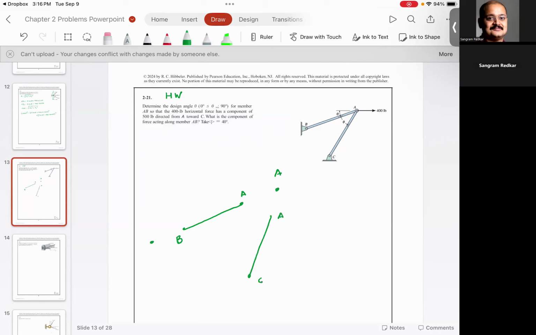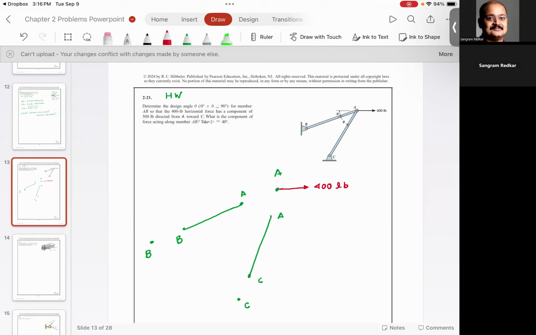This is joint B. And this is joint C. We need to identify what forces are acting on this object. First and foremost, this is the force, which is 400 pounds towards the right hand side.